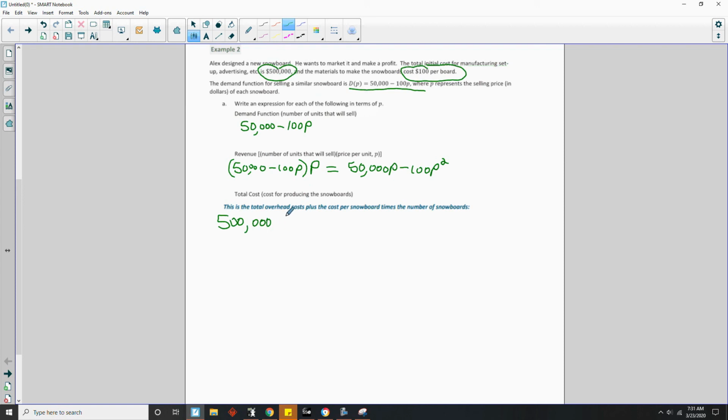And we're going to add that to our 50,000 minus 100P, that's A. Okay. But we need to multiply that by 100.